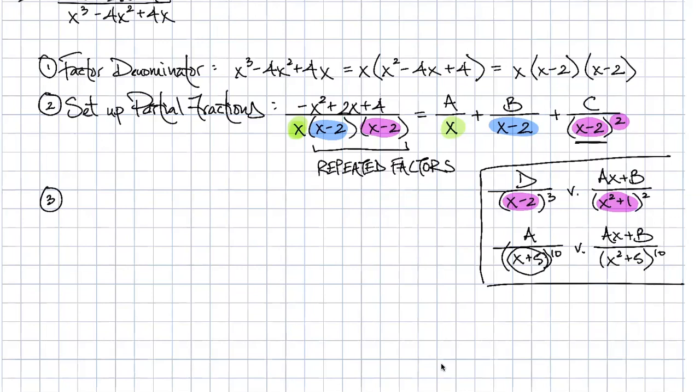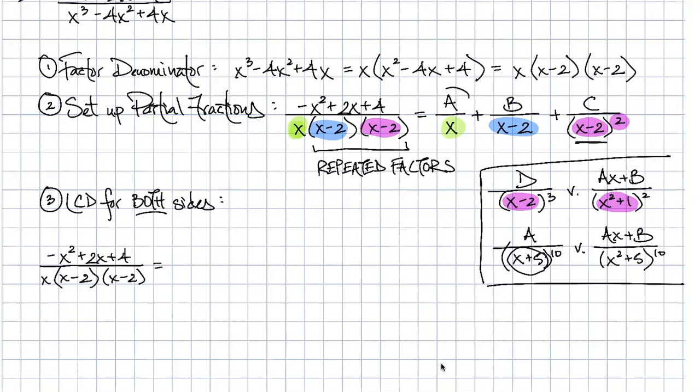Now, if you're going to actually work through the entire problem, then we need to find a common denominator, the least common denominator for both sides. And so we have our negative x squared plus 2x plus 4 over x times x minus 2 times x minus 2 equals.